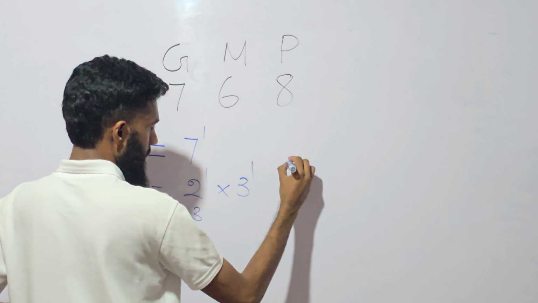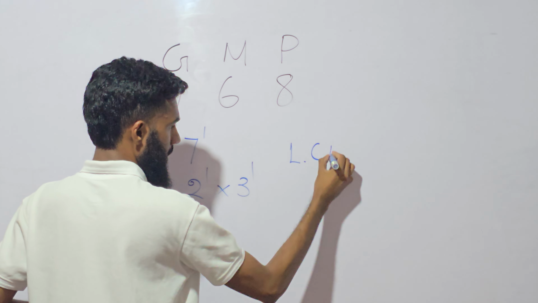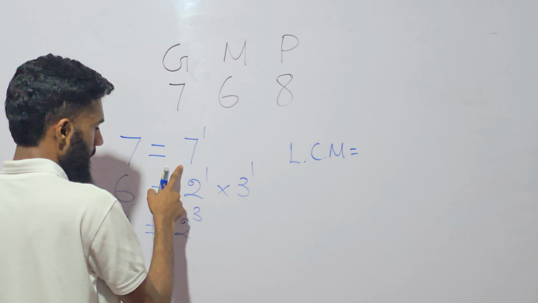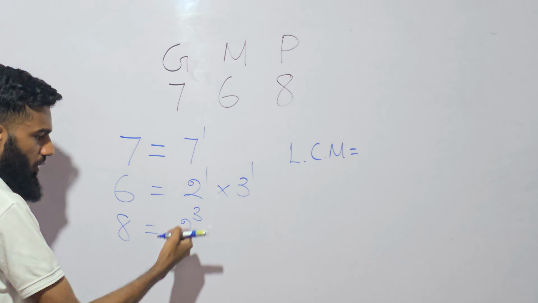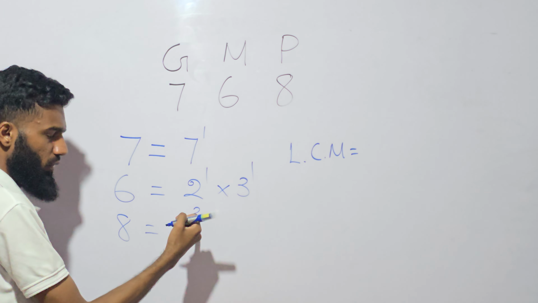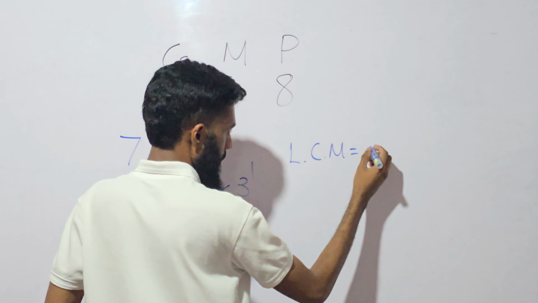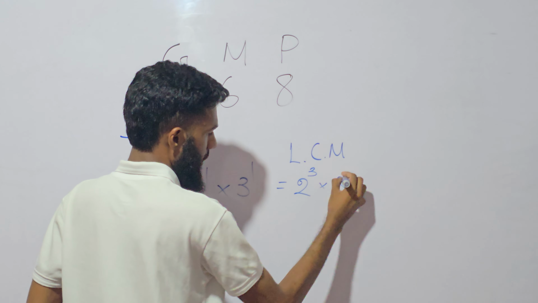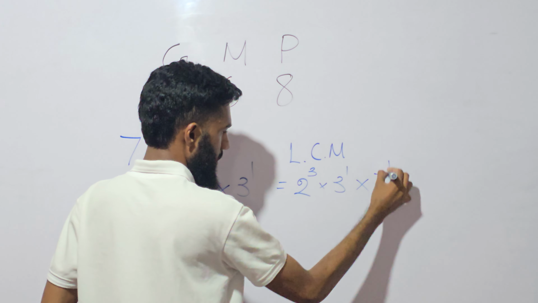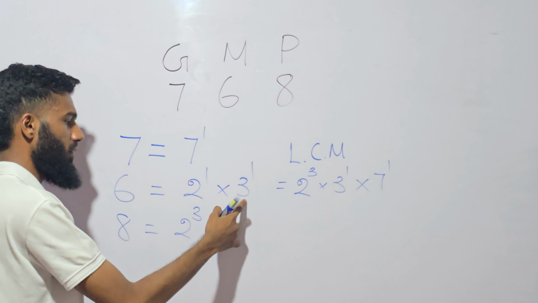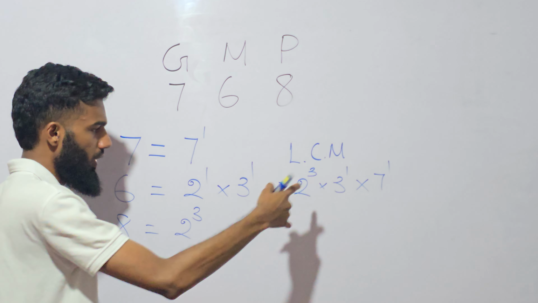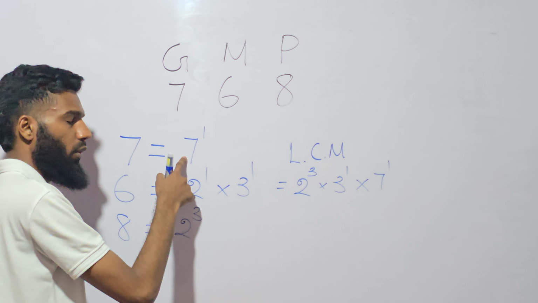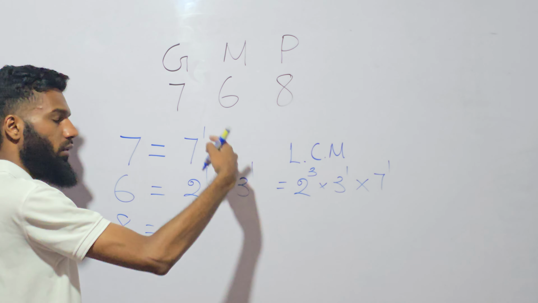When comparing the powers of 2, 2 to the power 3 is the greatest. So I'm going to write 2 to the power 3 multiplied by 3 to the power 1 and 7 to the power 1, because when comparing, only one 3 is there, and only one 7 is there.